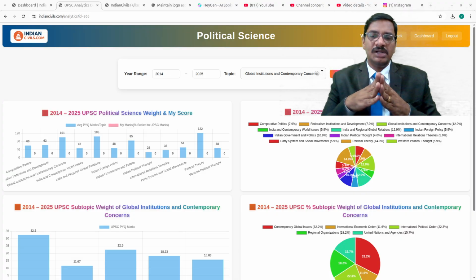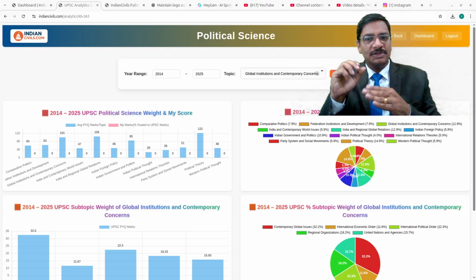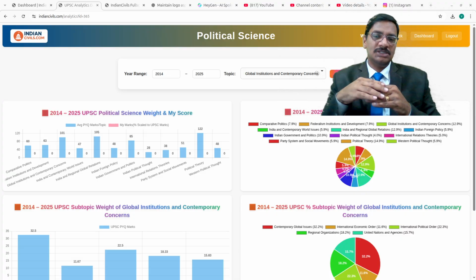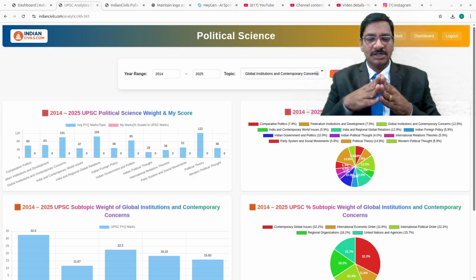If you are able to identify that smaller portion of the area where UPSC is focusing more, then you can easily prepare and easily score. And I will also give you a smarter approach to score more than 350 marks in political science optional with lesser effort, right?